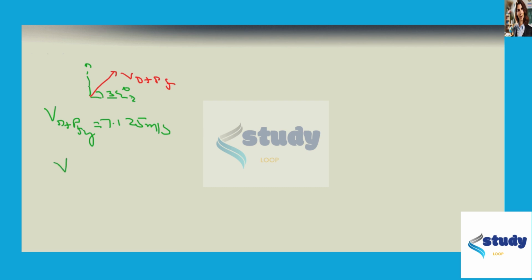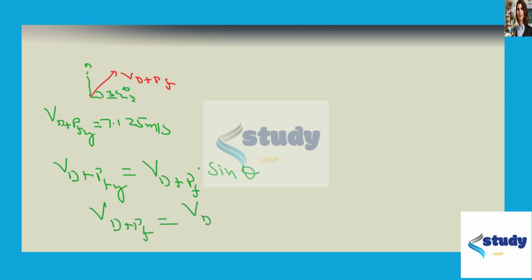Remember that the final velocity of the Durango and the Prius in the y direction is the same as the final velocity of the Durango and the Prius times sine of theta. So to get the final velocity, you take the final velocity in the y divided by sine of theta. This is 7.125 meters per second divided by sine of theta, where theta is 39 degrees.